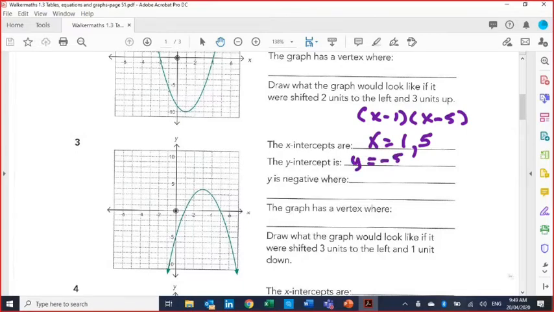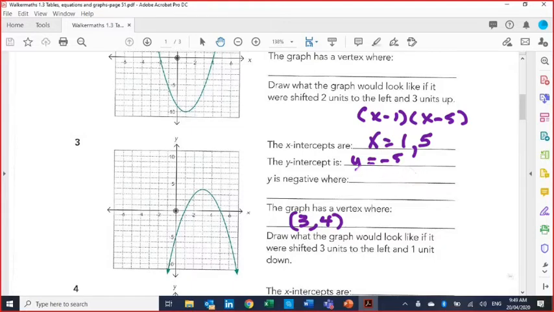The graph has a vertex or turning point, so that's to the right 3, so the x value is 3, and then up 4. So that gives you a vertex. Oops. Sorry, I'm answering the wrong question.